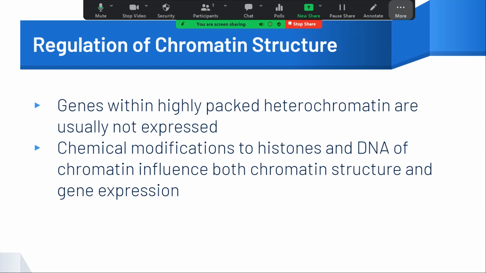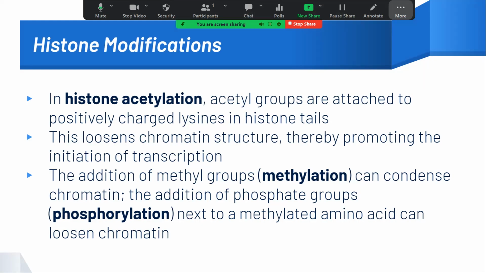If we modify those histones, the proteins that the DNA is wrapped around, that can alter the gene expression as well. So histone modification is adding molecules to that histone that will cause it to either wind tightly or wind loosely around the histones. Adding a methyl group, and that process is called methylation, is going to condense the chromatin, and it's going to make it tighter and harder for transcription to take place.